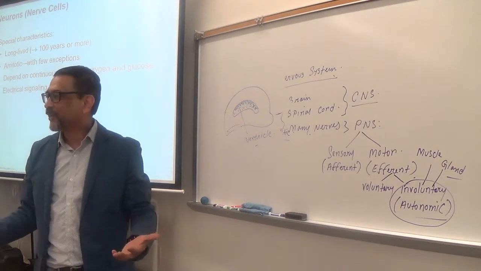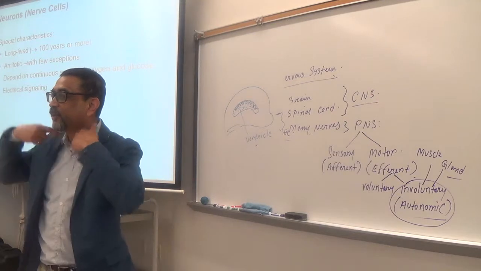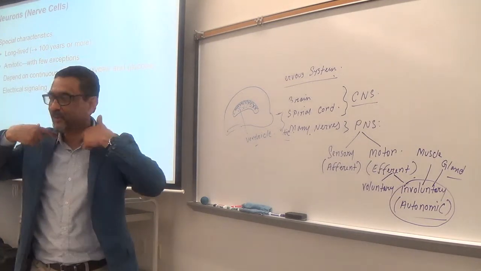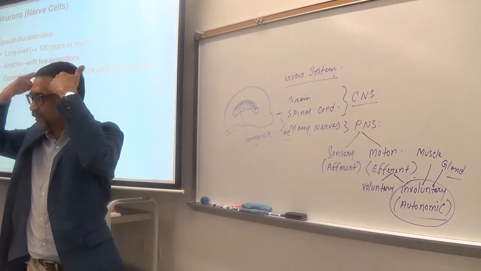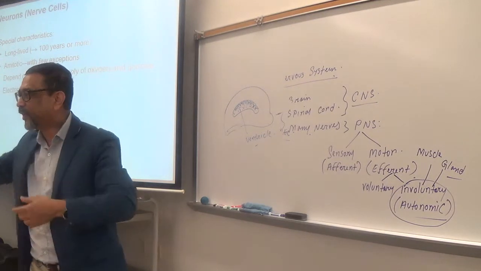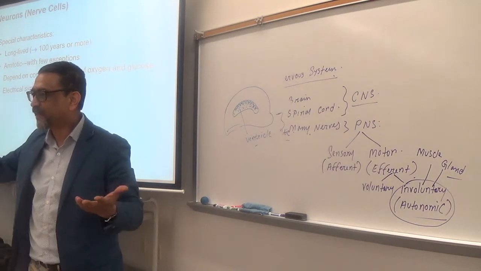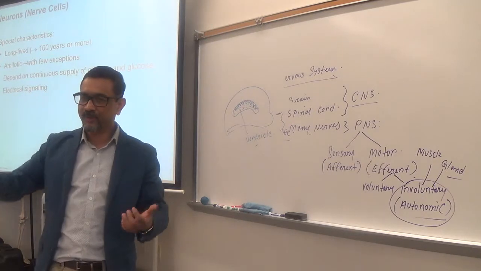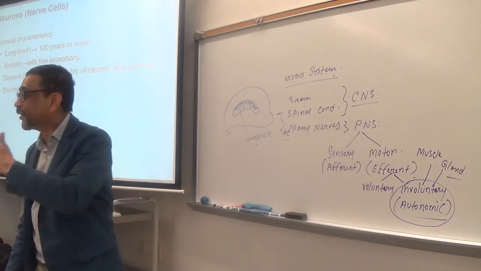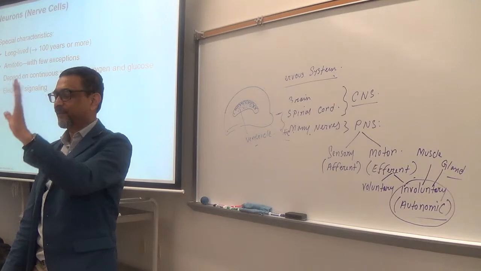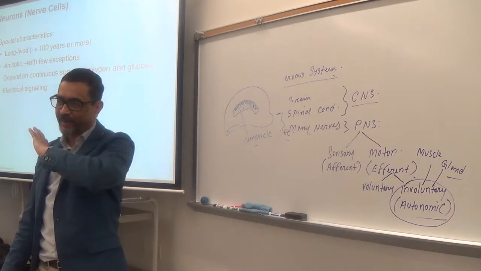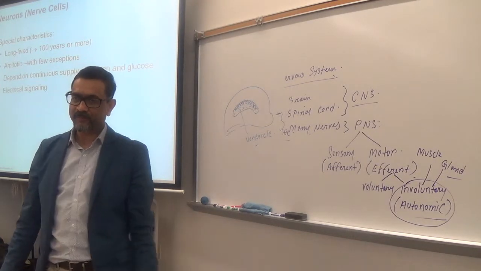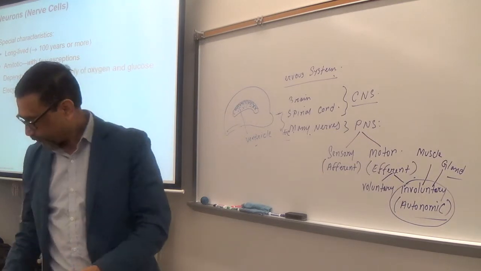So that tells you that continuous blood flow is needed to the brain, to give oxygen and glucose. If you can ensure that, your brain tissue, neural cells, will stay alive longest, 100 years or more.